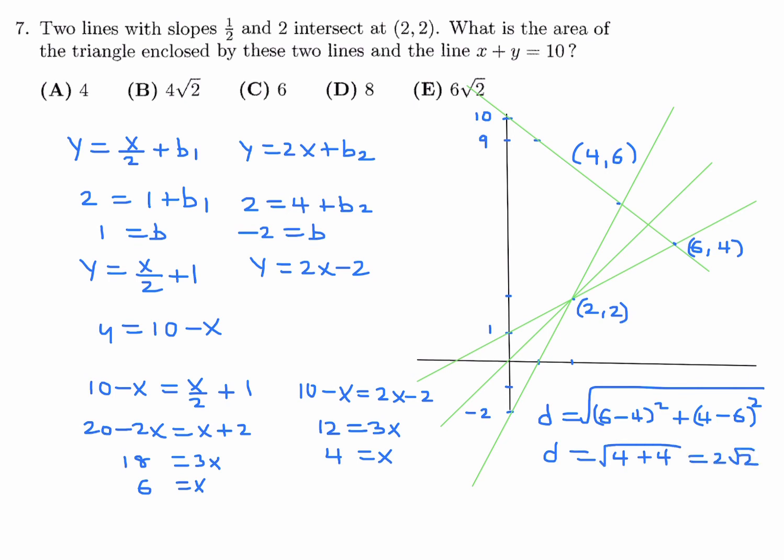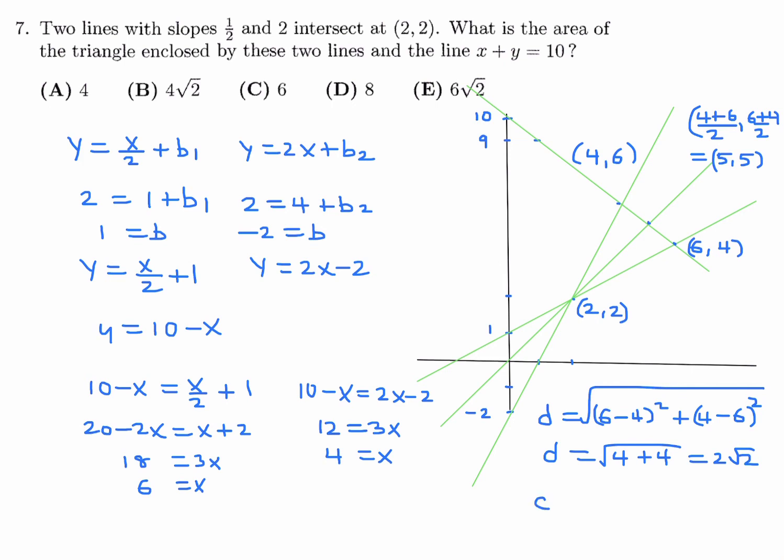And then this point is the midpoint of these 2 points. So you use the midpoint formula. 4 plus 6 over 2, 6 plus 4 over 2, and that gives me 5, 5 for this point right there. Okay, the last thing is just to figure out the distance from there to there. That's going to be the height of the triangle.